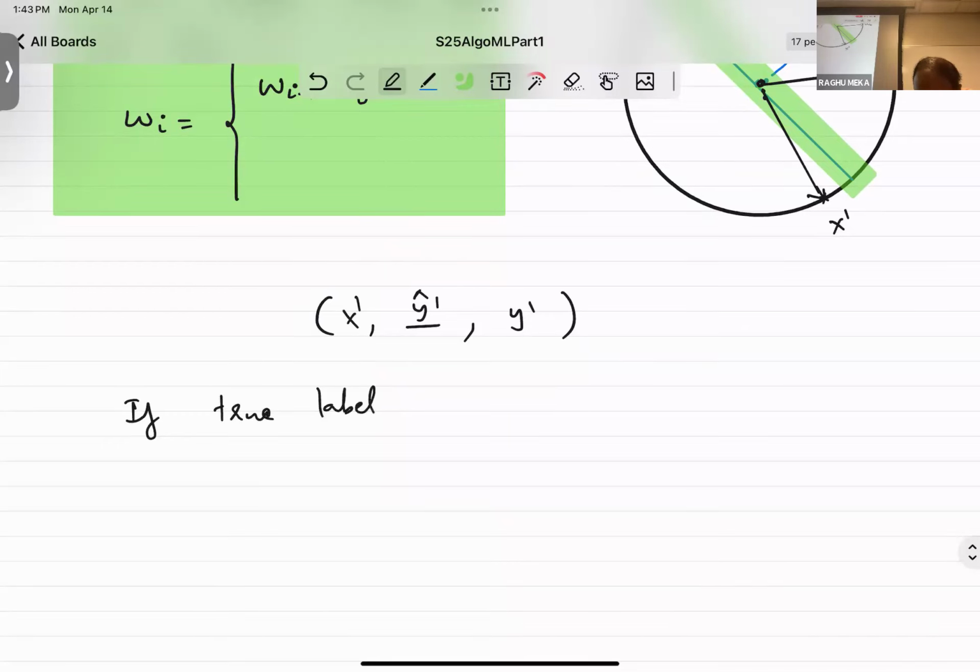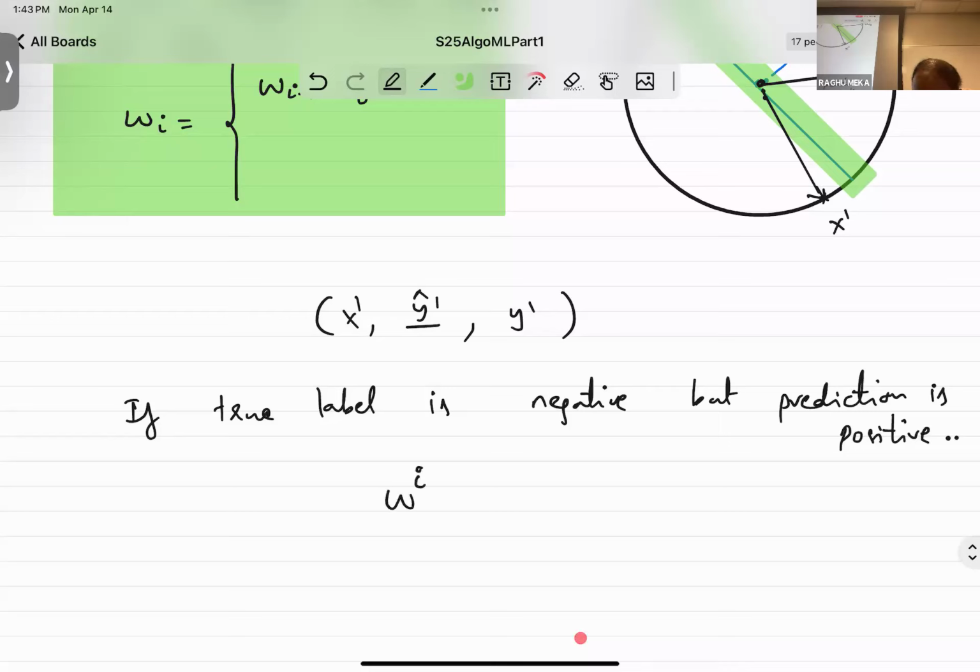If the true label is negative, but the prediction is positive, then intuitively we should move in the direction that is opposite to the example.